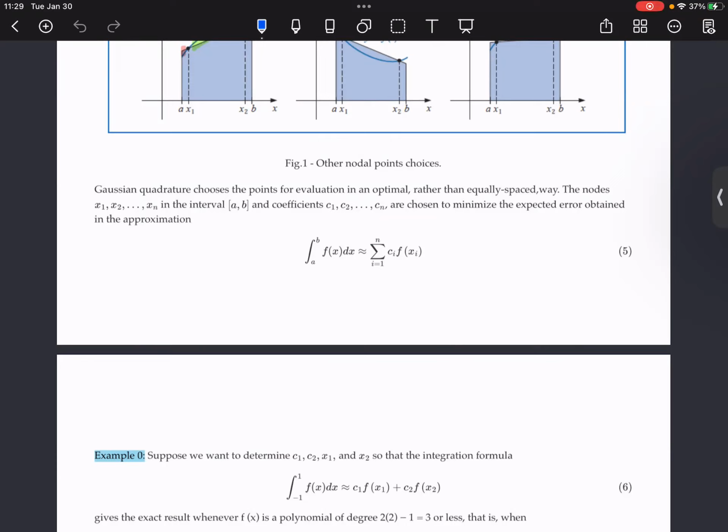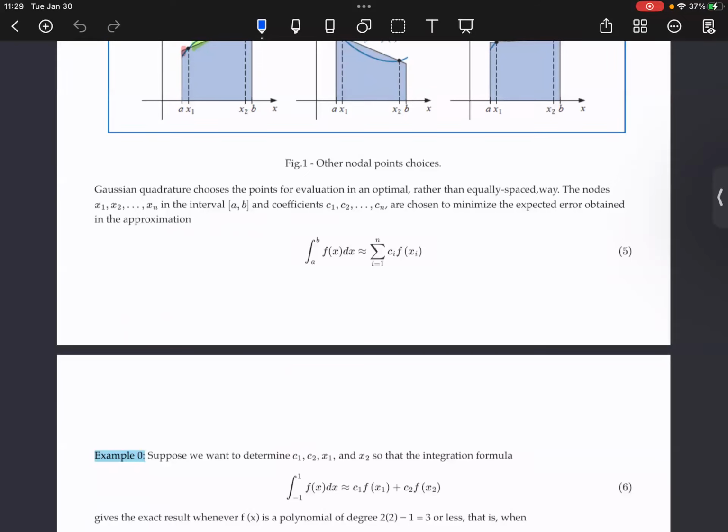Now we are using the index starting from x1 to xn, so we have n nodal points here, and we expect 2n minus 1 degrees of precision. So let's derive that formula, which has higher accuracy. Here we have such an example.